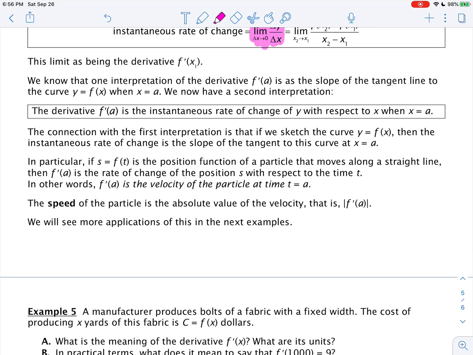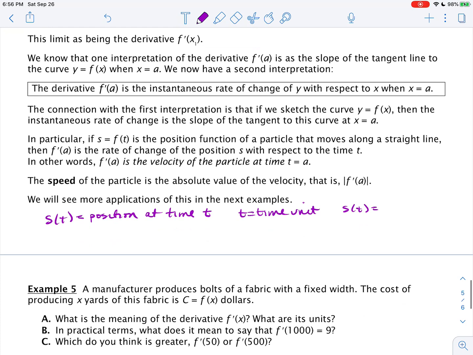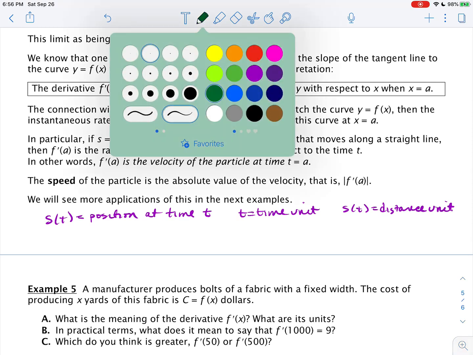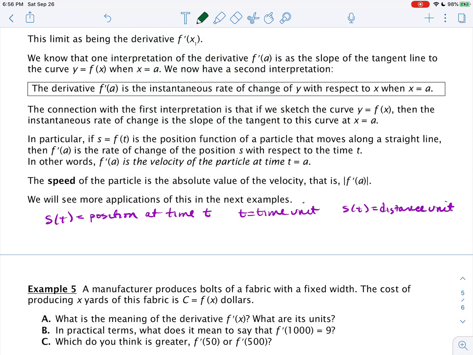If s of t gives me a position at time t, so t gives me a time unit, right? And s of t is going to give me a distance unit. As an example, it could be seconds, right?